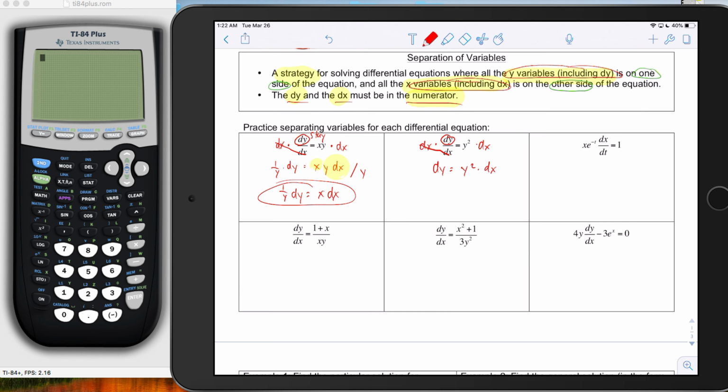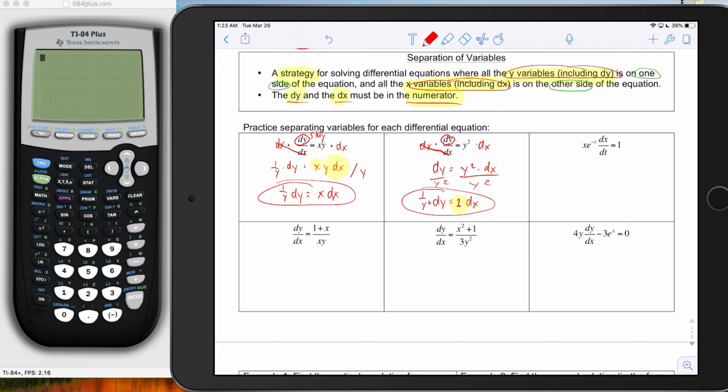Alright, and then I'm going to divide by y squared to give me 1 over y squared dy is equal to dx. And we're actually done. You're probably wondering, well, where is the variable with the dx over there? I guess if you want to think about it, there can be just a 1. And just thinking ahead, remember, after we separate the variables, the whole purpose is so that we can take the integral, and you can see that we're all set there.